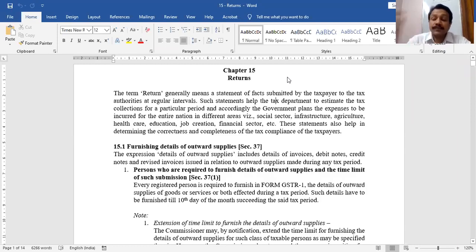So let us discuss initially my first section, section 37. The heading of section 37 is what? Furnishing details of outward supplies.